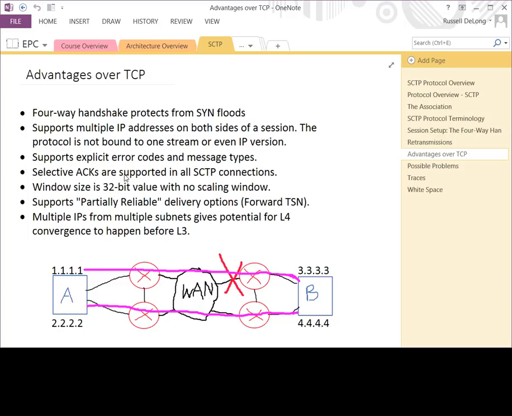Similar to that selective ACK negotiation, window size is something that can be misunderstood. It is actually negotiated, or at least part of it is, in the TCP handshake. That is the window scaling factor.